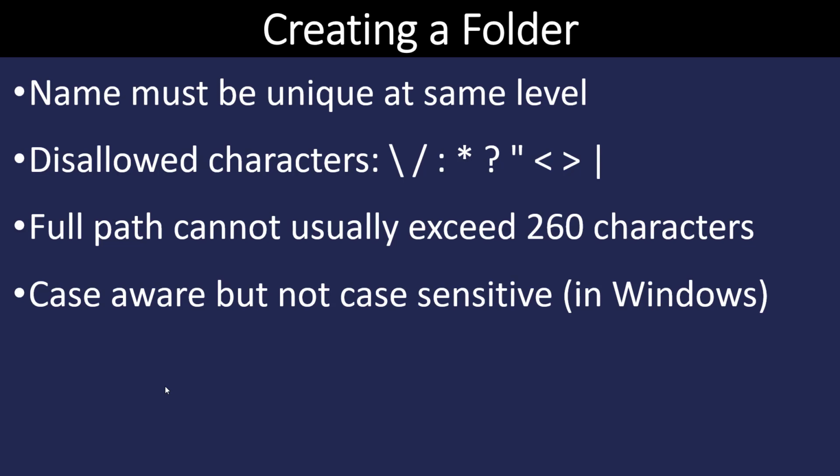Of course, in Windows, we have a series of disallowed characters, which you can see on the screen. And importantly, the full path, which means all the directories and the file name and the extension, cannot exceed 260 characters in Windows. Windows folders and file names are case aware but not case sensitive.